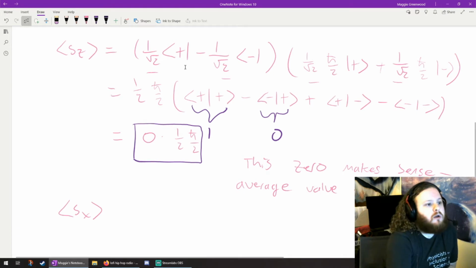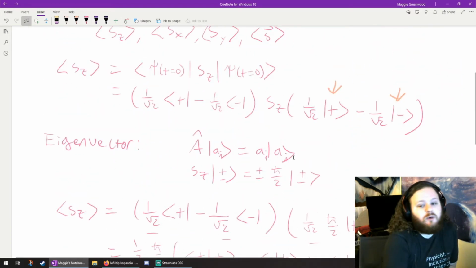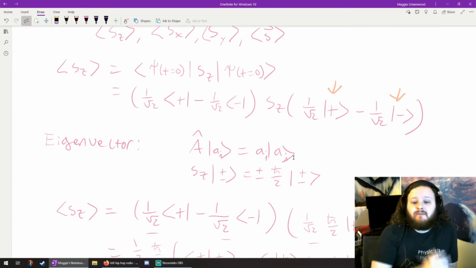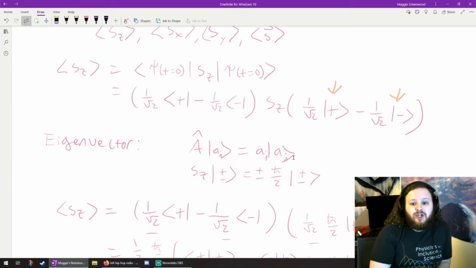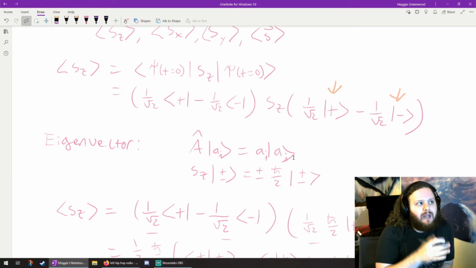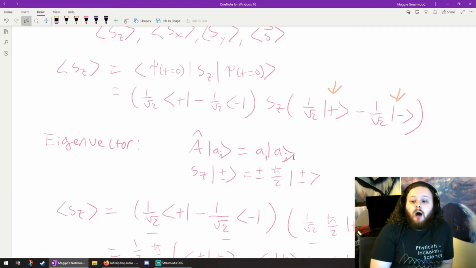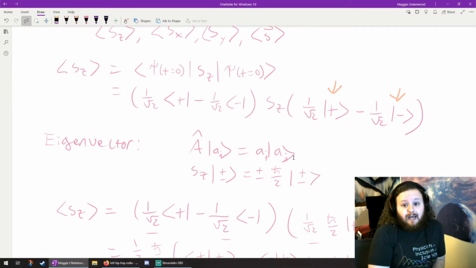I know A on a equals a times a. I don't know what A does to b. That's a different eigenvector for a different matrix, and I don't know its action in eigenvector, ket land. There's no way to represent a matrix operating on something that isn't one of its own eigenvectors. I can't do that calculation.